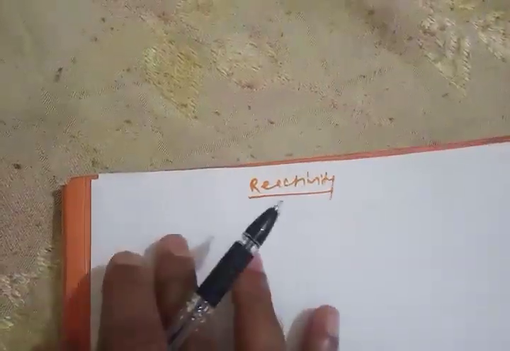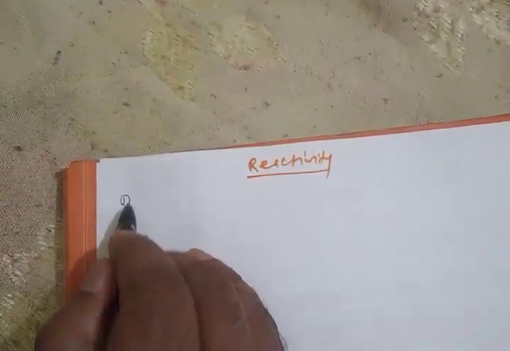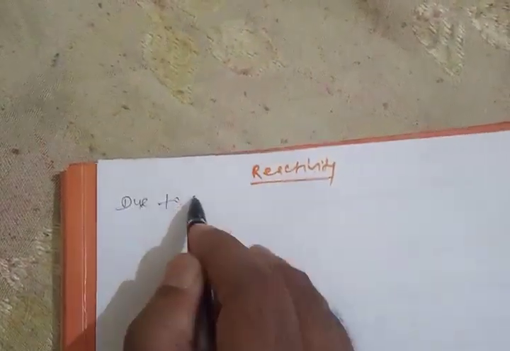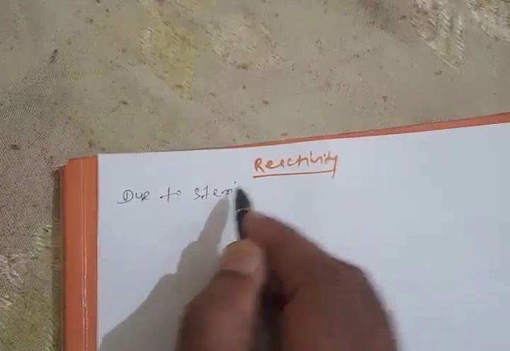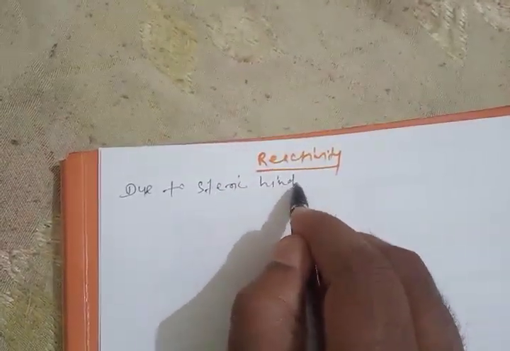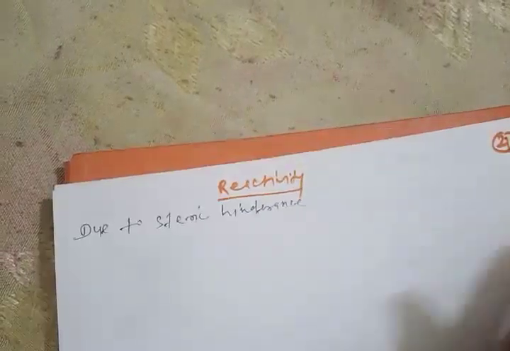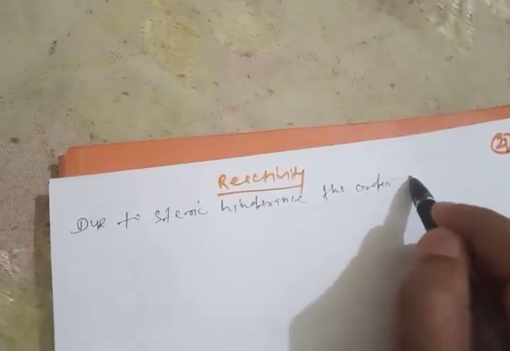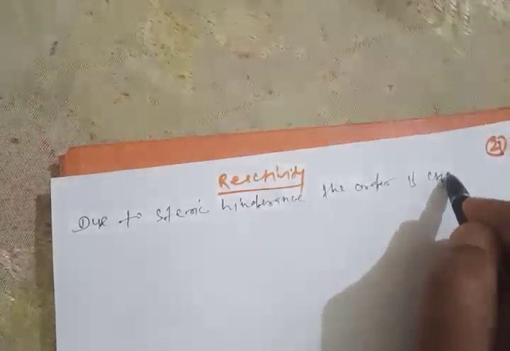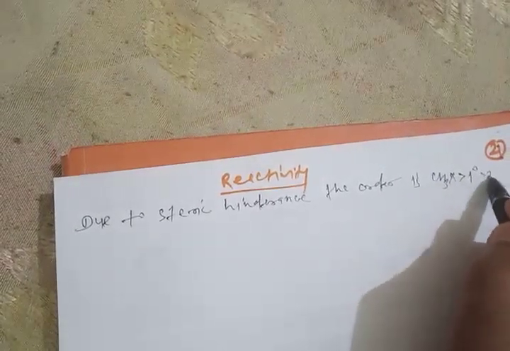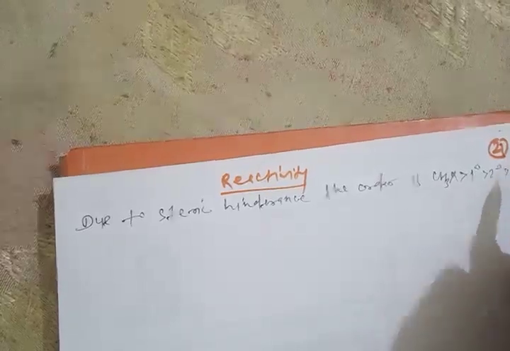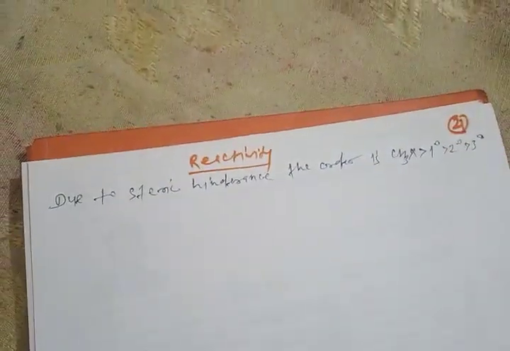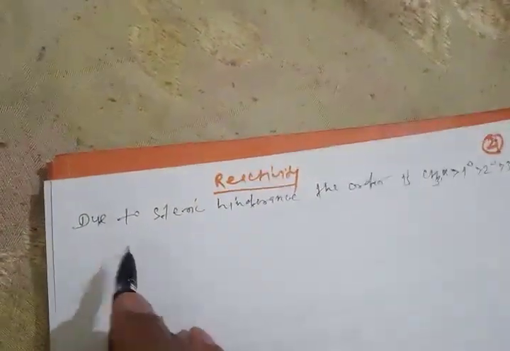Let's talk about it. I'm writing: due to steric hindrance, the order is CH3X, then 1 degree, 2 degree, just opposite from SN1. Reason, let's talk.